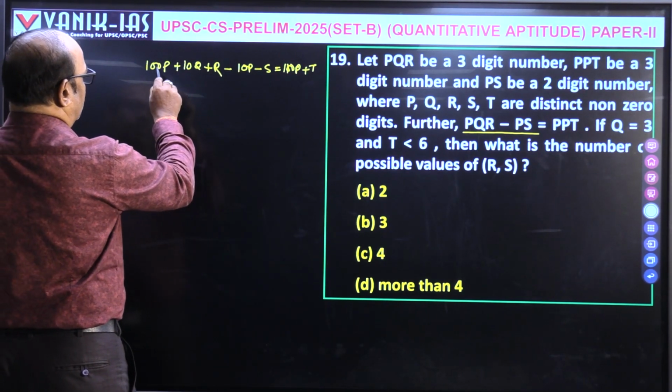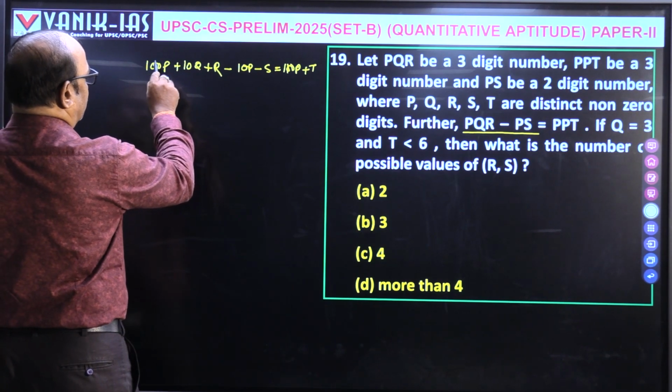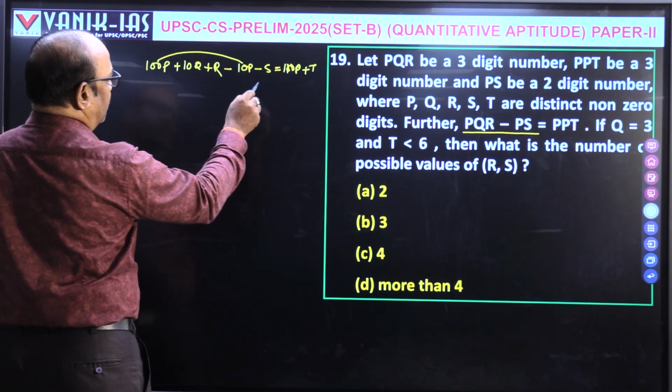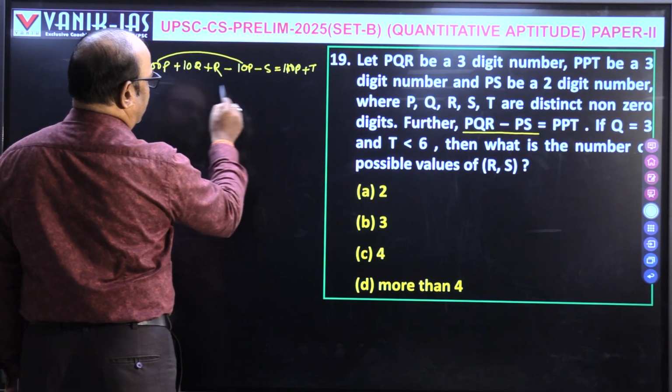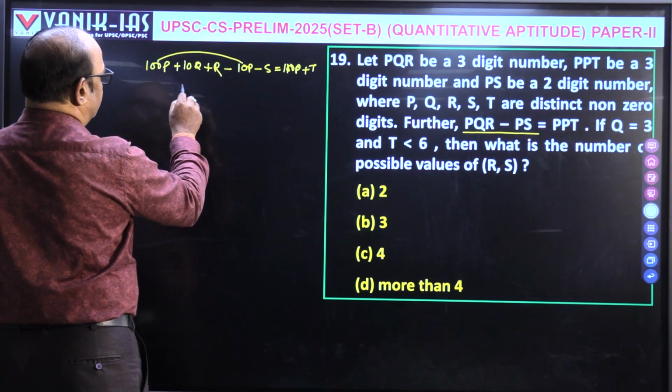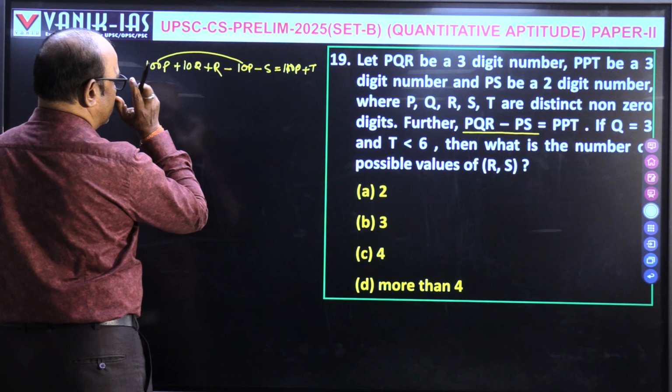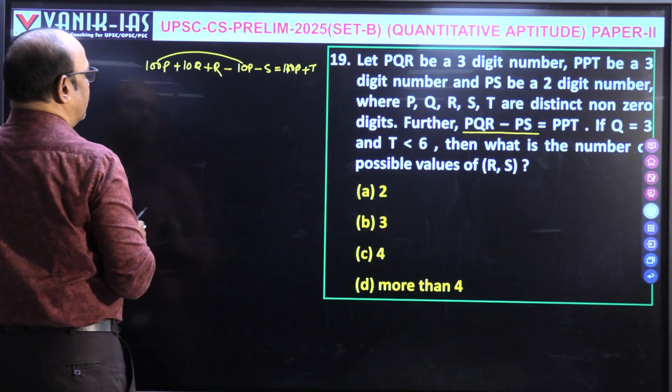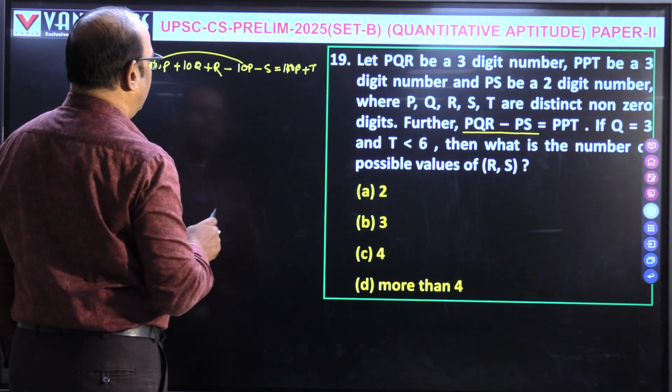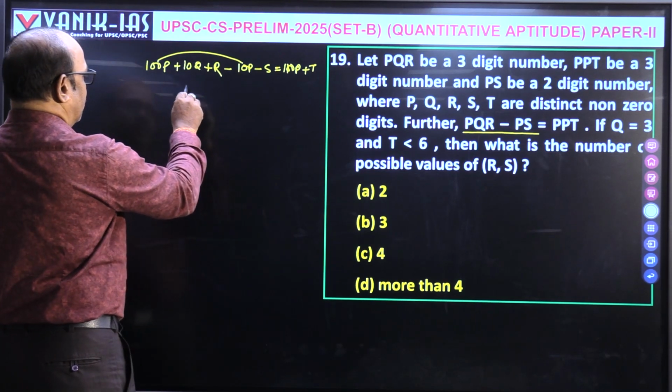After simplification, 100P minus 10P becomes 90P on one side, and 110P minus 90P gives 20P.